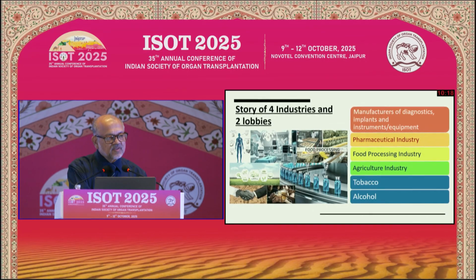They don't care about the health of the patient. Nobody talks about the health of the patient. For example, today we are talking of microbiome. And I don't know if you are aware, there is already a lotion available by the name of microbiome, which they say will restore the microbiome of the skin. So I'm sure this word microbiome will also be commercialized by food processing units, even the agricultural industry.